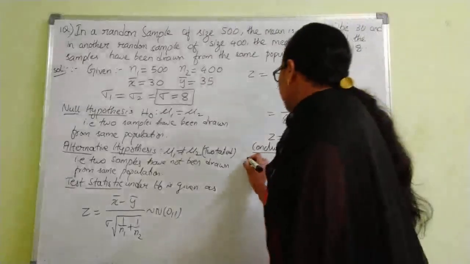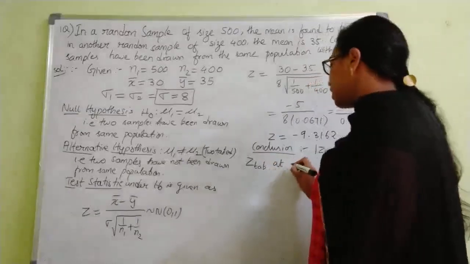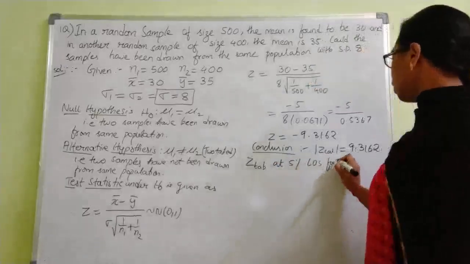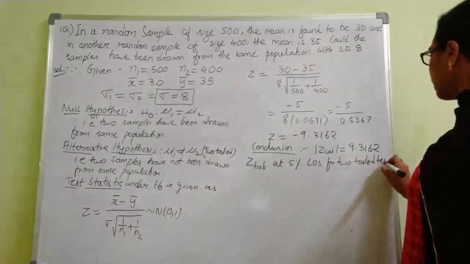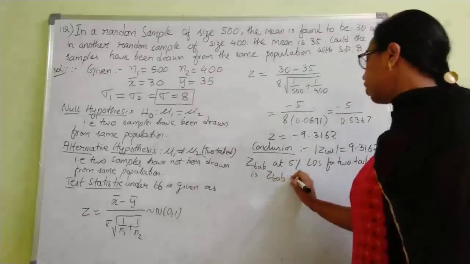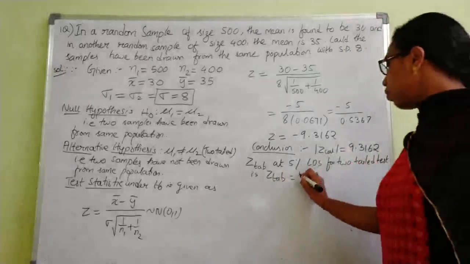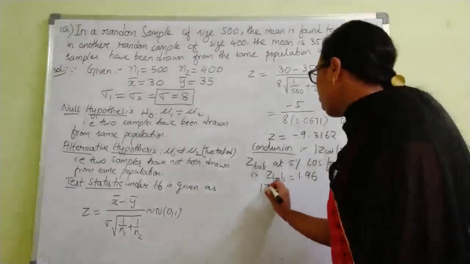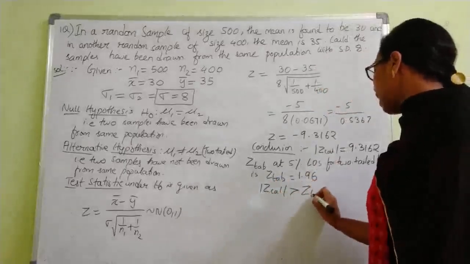Now Z tab at the 5% level of significance for a two-tailed test. For two-tailed and 5% level of significance, the table value is 1.96. So if you observe, mod Z calculated value is greater than Z tab.